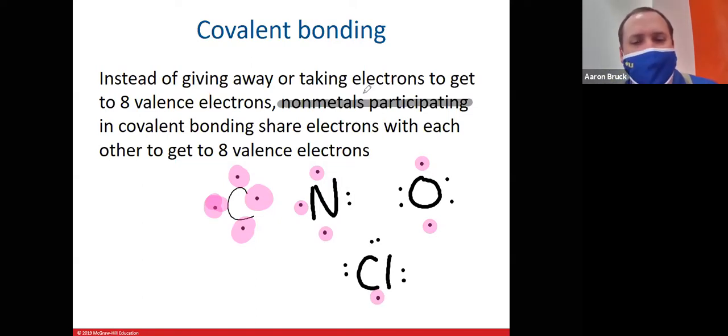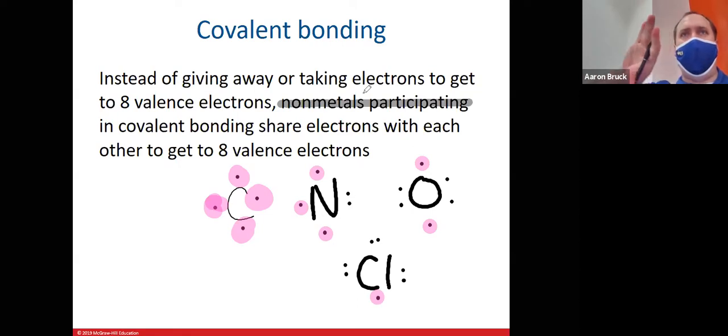And so what we can see is that as we go toward the noble gases, the variety of bonding increases.